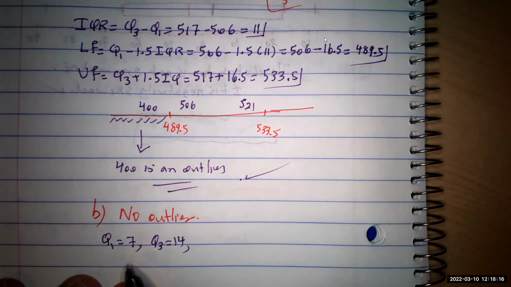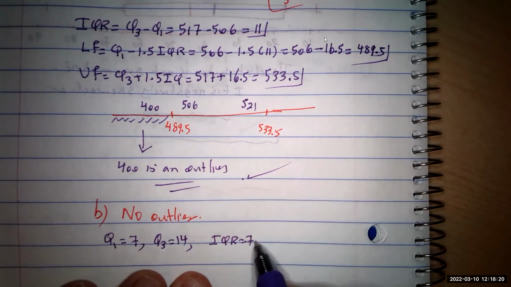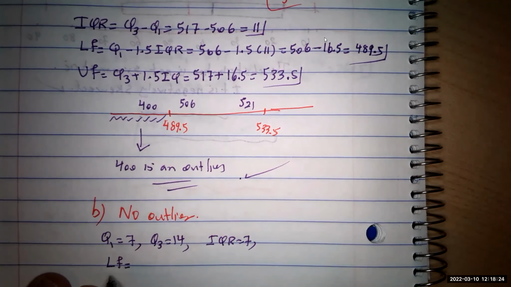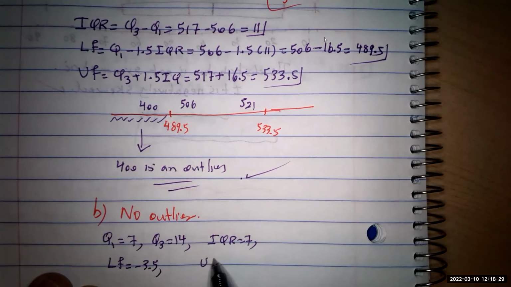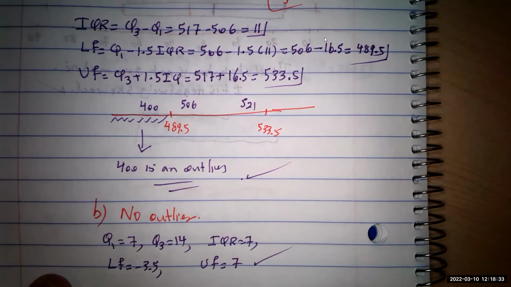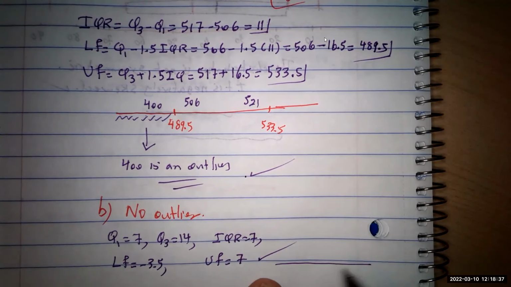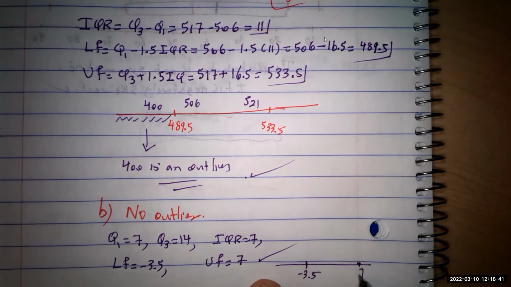So it's clear that the IQR would be 7. Your lower fence would be negative 3.5, and your upper fence would be 7.